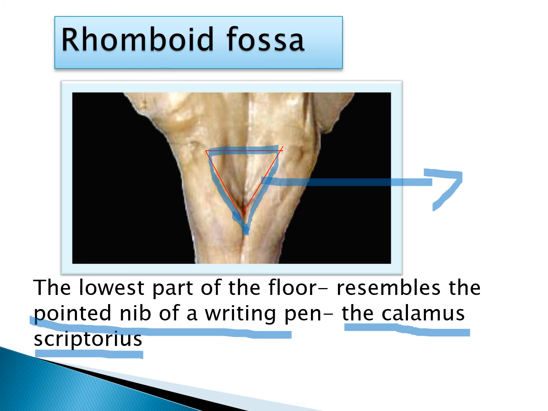So we have covered now the floor of the fourth ventricle in detail. We started with the angles, then the lateral boundaries, then the roof, then the floor of fourth ventricle.